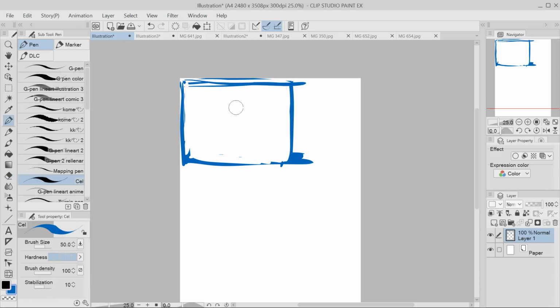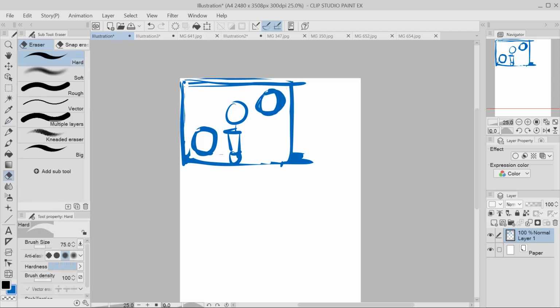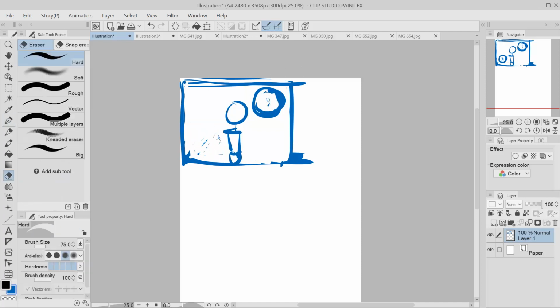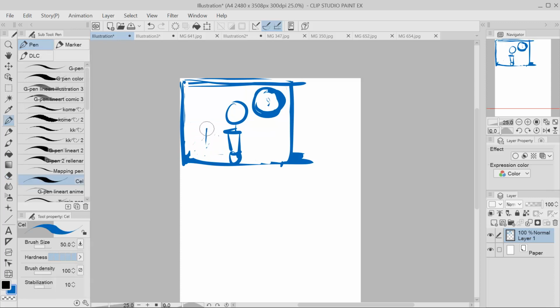For example, you have a character and two texts here, and people believe the first text should go here because it's more to the left, but actually the first text will probably be this one. So you read a meme and you read the second part first, and it doesn't work.